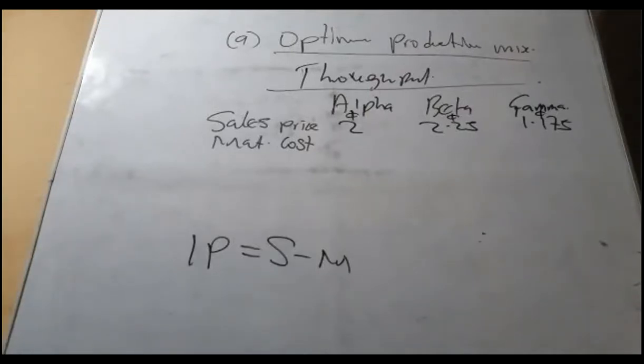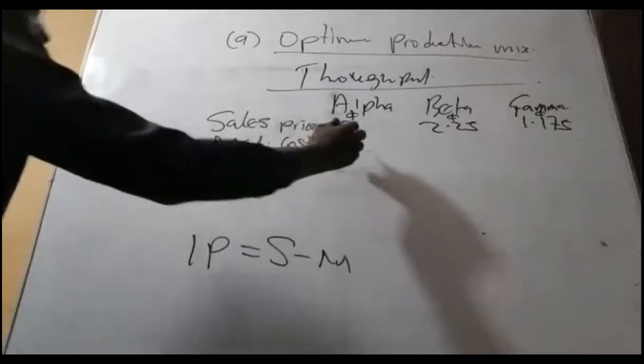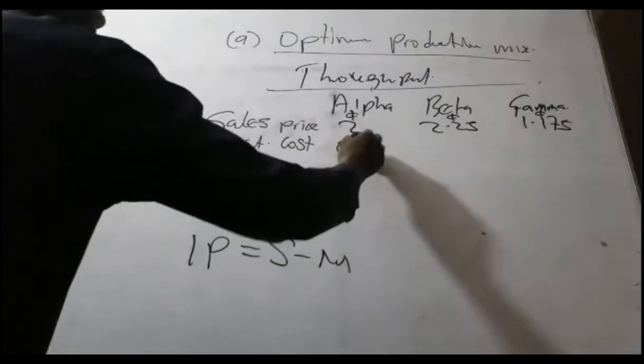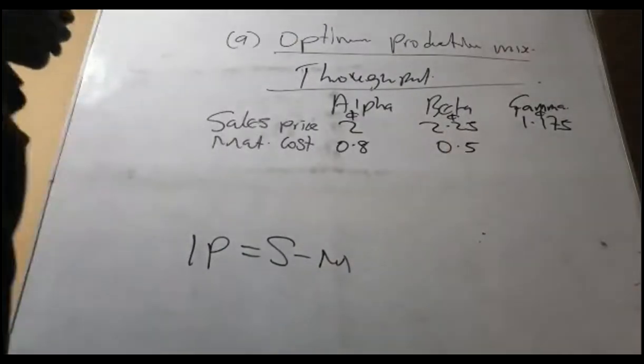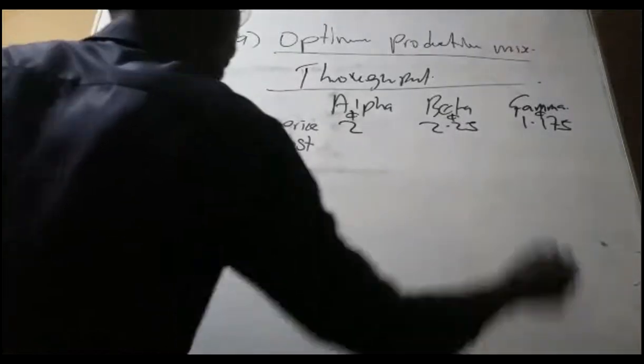Okay. Then let's go and pick the material cost too. I'll pick all of them at once. Material cost, direct material cost per unit. Here it is. So 0.5, 0.8, and 0.35. Let me swap them; I'll start from the back. 0.35.